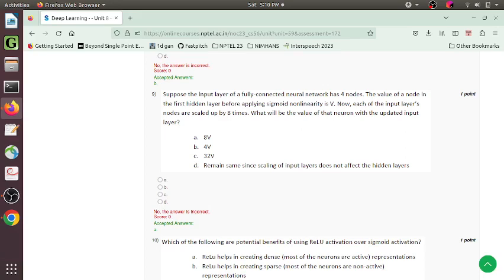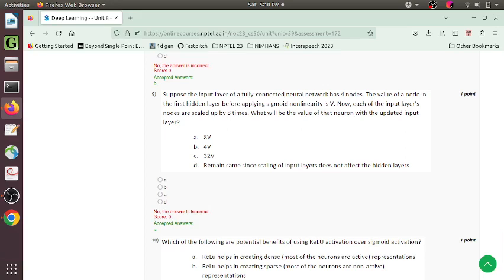The value of a node in the first hidden layer before applying the sigmoid nonlinearity is V. Now each of the input layer's nodes are scaled up by 8 times. What will be the value of that neuron?